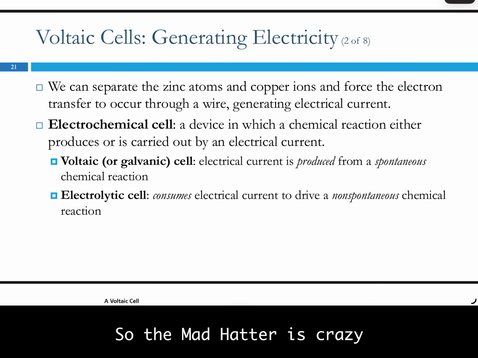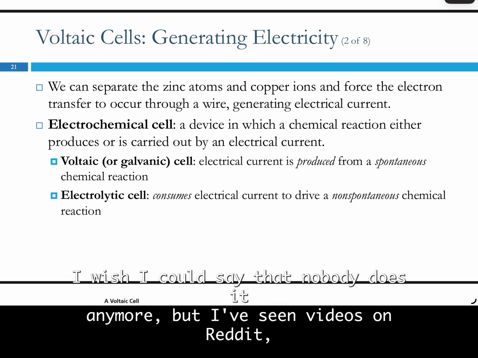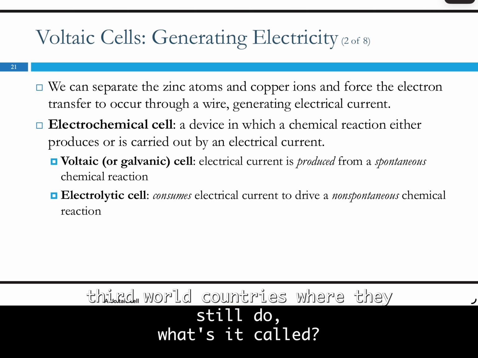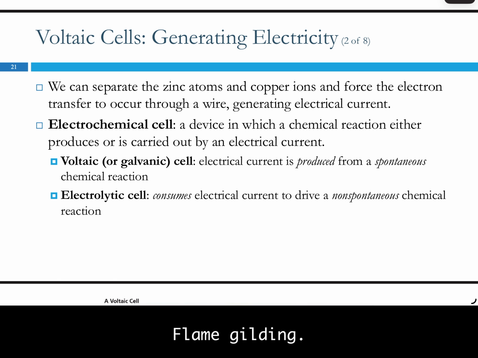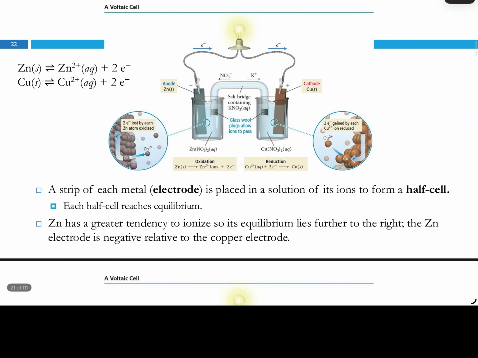So the Mad Hatter is crazy because he's got mercury poisoning. It's super dangerous. I wish I could say that nobody does it anymore, but I've seen videos on Reddit from third world countries where they still do the flame gilding. Not healthy stuff. Anyways, electrolytically doing that is safer.